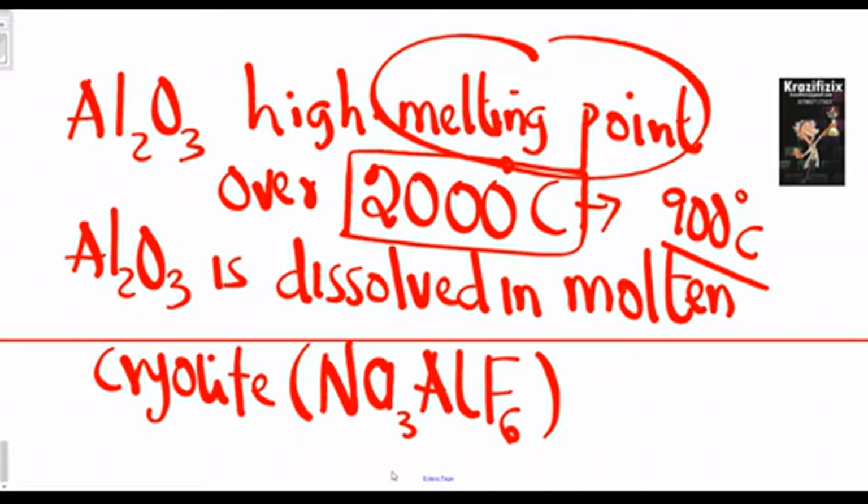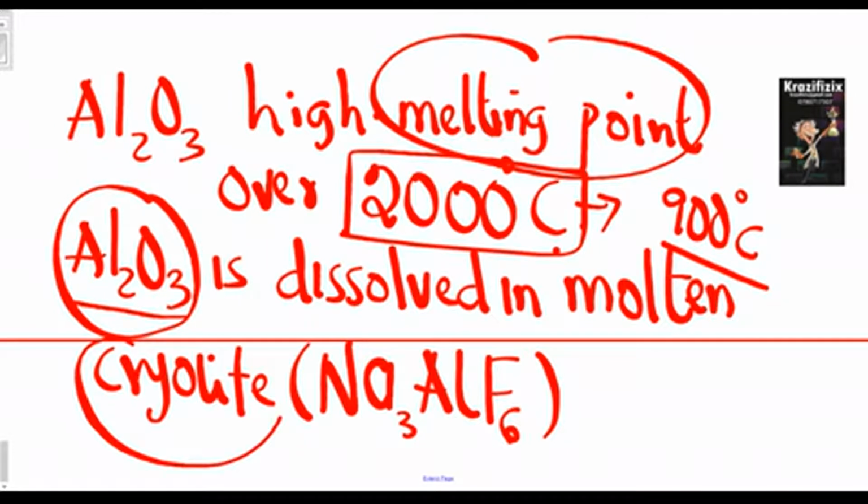So we bring down the melting point from 2000 to about 900 degrees Celsius by dissolving this Al2O3 in cryolite. Now, this mixture of Al2O3 and cryolite becomes our electrolyte.